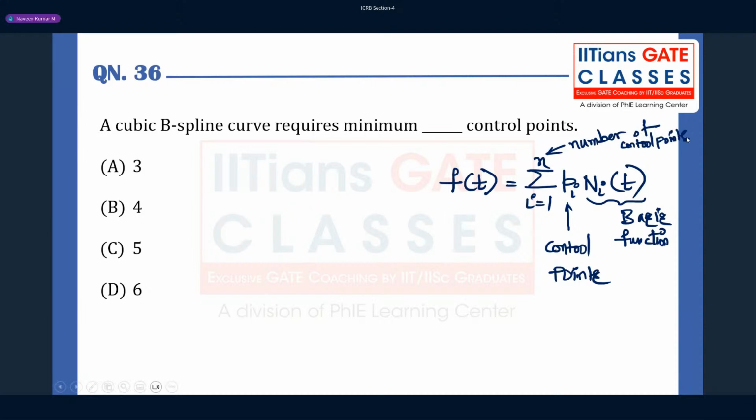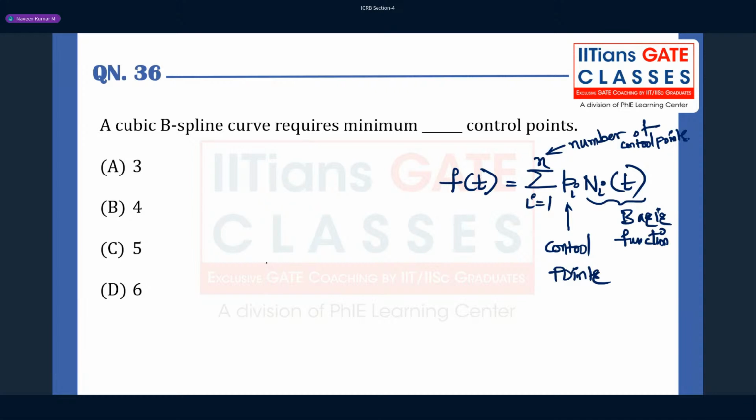So if you want to take some kind of cubic B-spline, how many control points are required at a minimum? We'll take just a simple normal curve. This basis function is recursive in nature, but forget about it. Don't get into those complicated things. It's a little advanced relative to the level we are discussing here.